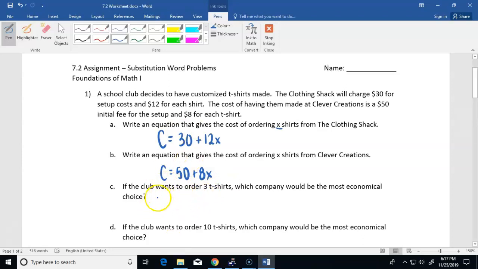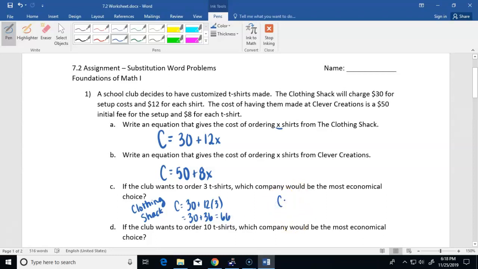So, for Clothing Shack, our cost would equal 30 plus 12 times 3, which would be 30 plus 36, which would give us $66 overall.